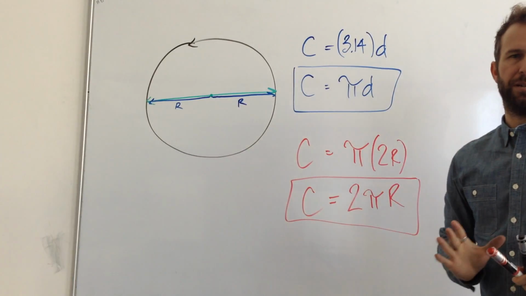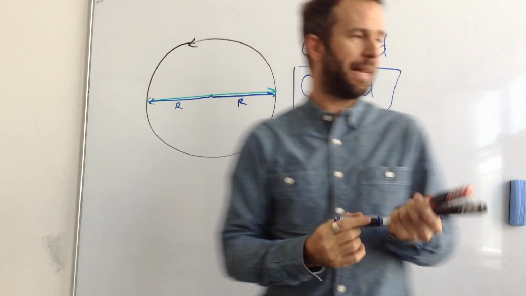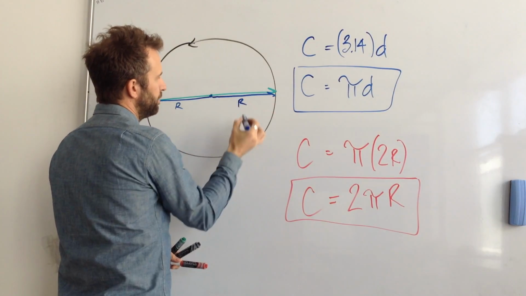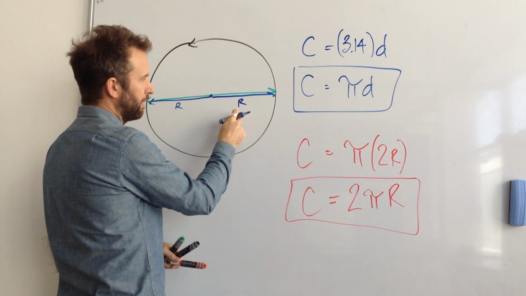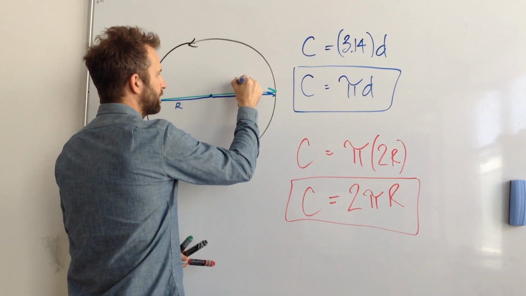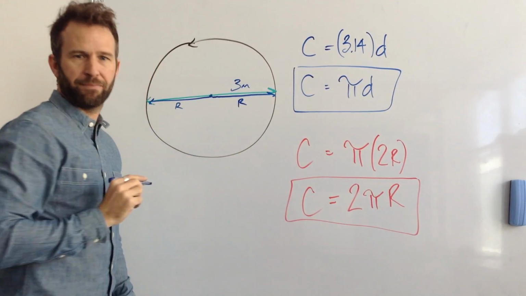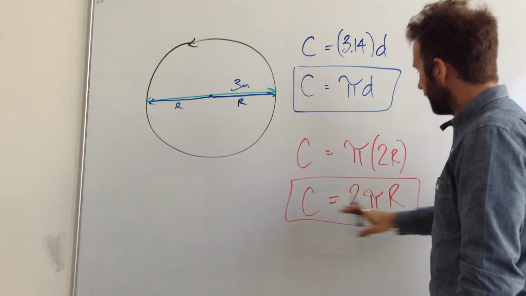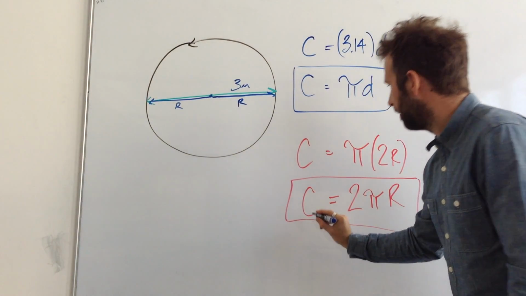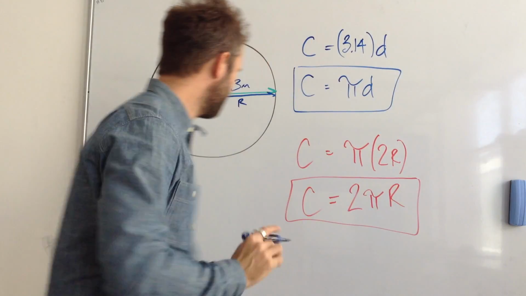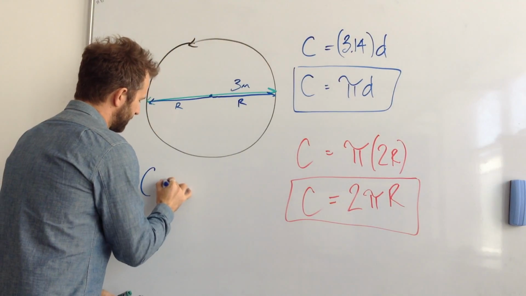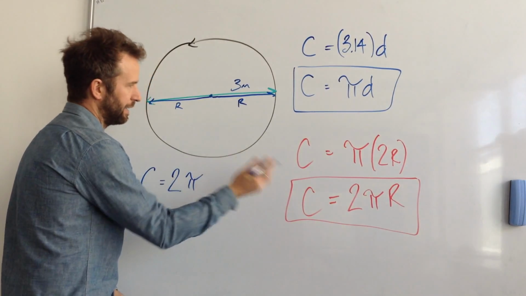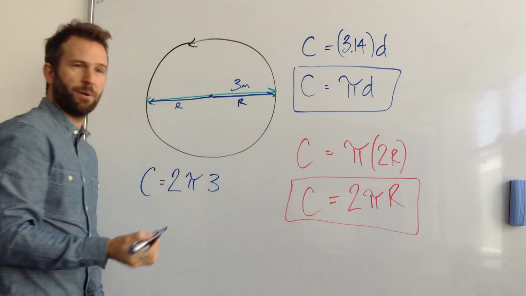Let's throw some numbers in here just to make sense of it a little more. Let's say that the distance from the center here to the edge, in other words, the radius here, is 3 meters. Okay, so we have a radius of 3 meters. Well, if we go with this formula down here, I'll write it over to this side, it becomes that the circumference is equal to 2 times pi times that radius, which is 3.